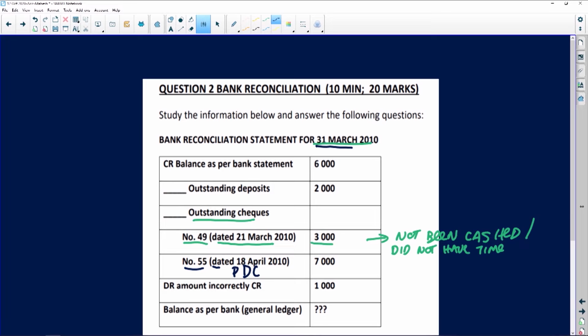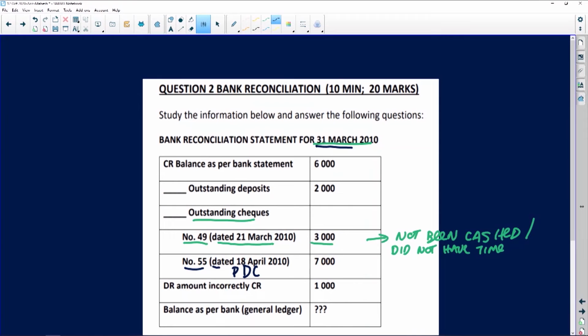The check was issued in March. However, the check is dated for the 18th of April. So in other words, we're probably waiting for the supplier or the service provider to complete an actual service for the business. I'm just giving you an example. And therefore, we've issued a PDC, a post-dated check.